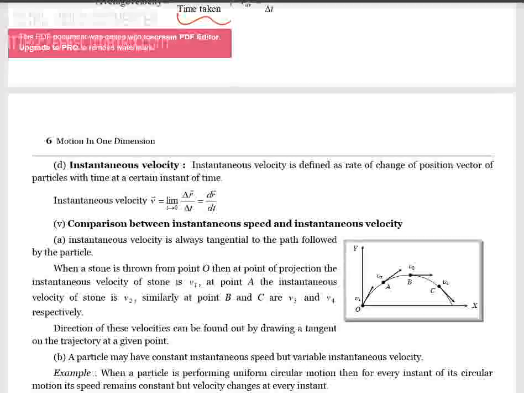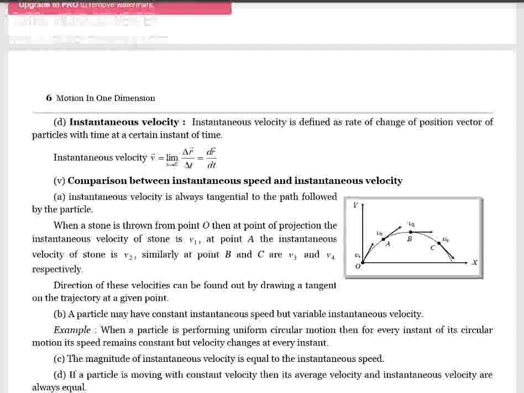The other thing is instantaneous velocity. Just like instantaneous speed, it is the velocity of an object at some instant of time, where the change in time approaches zero. The instantaneous velocity is always tangential to the path followed by the particle.